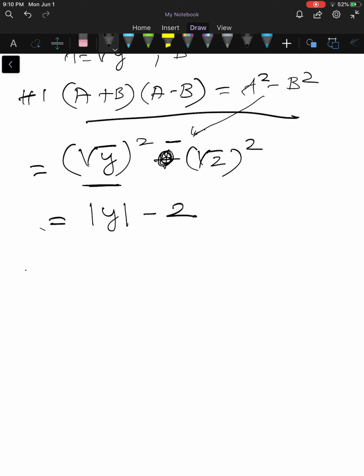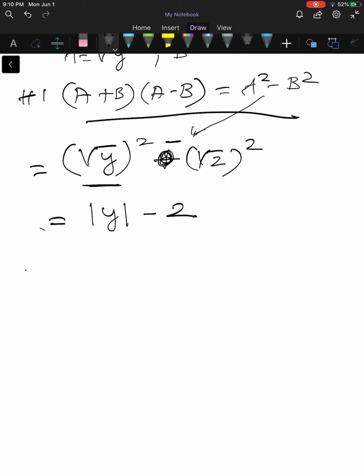So this would reduce to x square minus 6xy plus 9y square. This is how you expand using the formula.